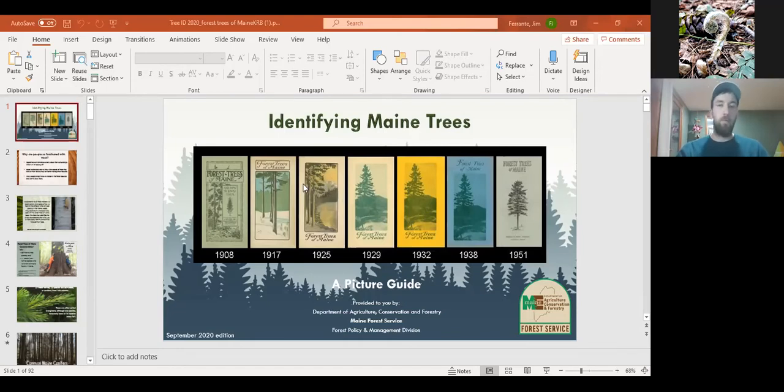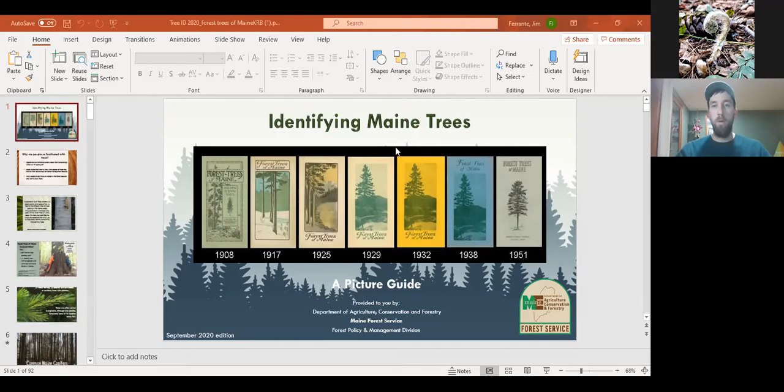One thing that's really useful about it is it actually has two dichotomous keys in the front of it. So it has your in-season, leaf-on, needle-on key, and then your leaf-off, dormant season, wintertime key. So you're able to identify any of the trees in the book, regardless of the season.